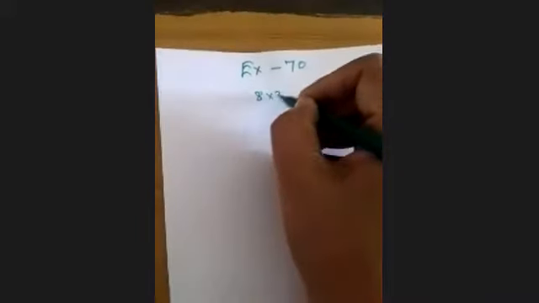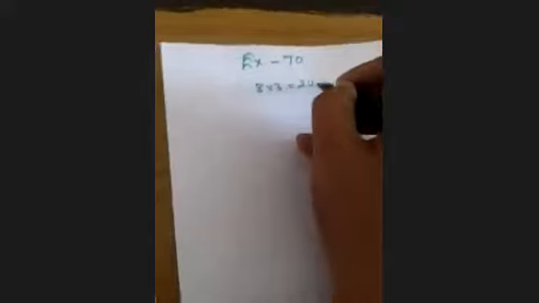For example, if you want to know how many bulbs are sold on Monday, you can see we have 3 pictures: 1, 2, 3. Each picture represents 8 bulbs, so 8 into 3 is 24. It means on Monday 24 bulbs were sold.